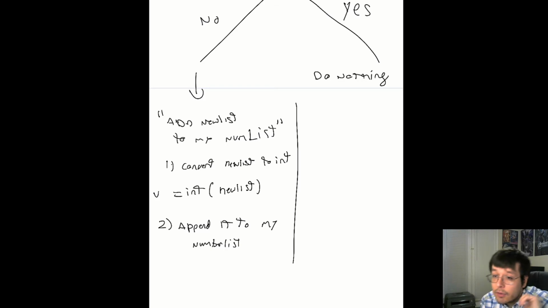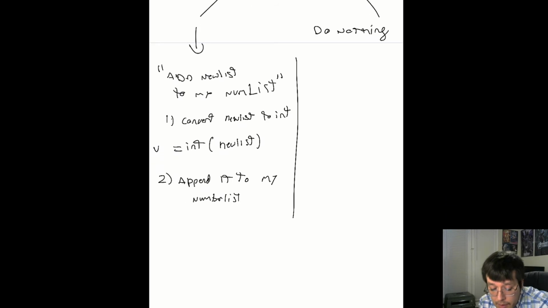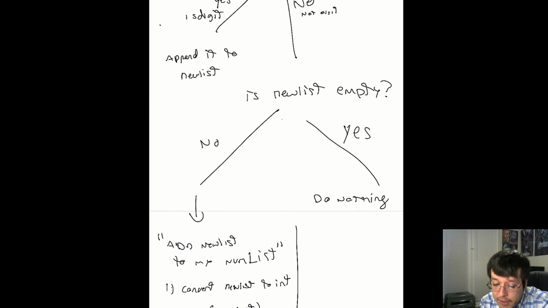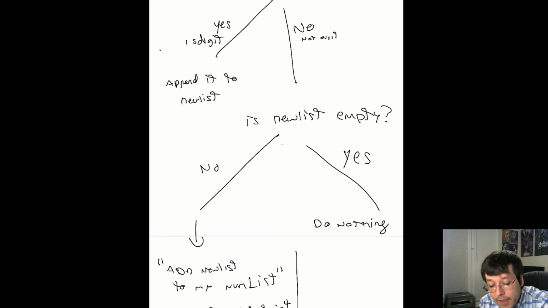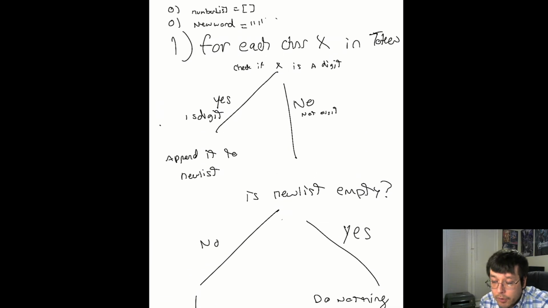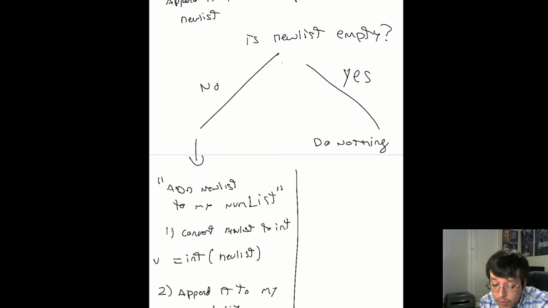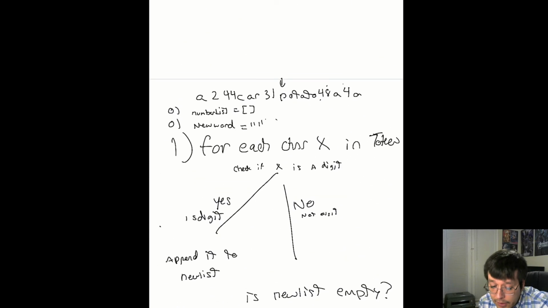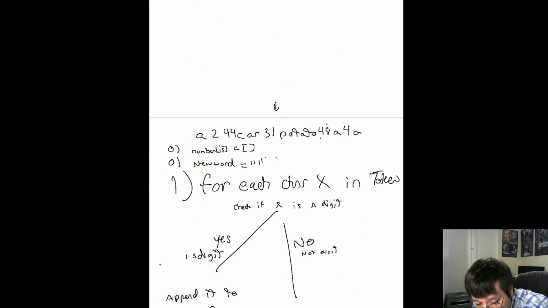And the other one handles the other side. There's one more thing I want to do though on here. After I finish appending it, I'm only appending it because I am looking at a character at this point that is not a number, right? So I want to make sure that I don't append it twice. Here's what's going to happen. I look here, A, look 244, and when I get to the C, I want to append 244 to the number list. If I look at the A, that's also a digit. So then I'm like, well, I have to append what's in new list, which is 244.